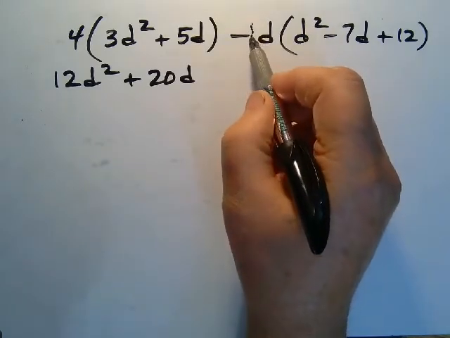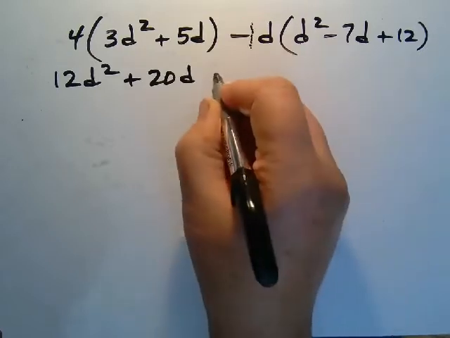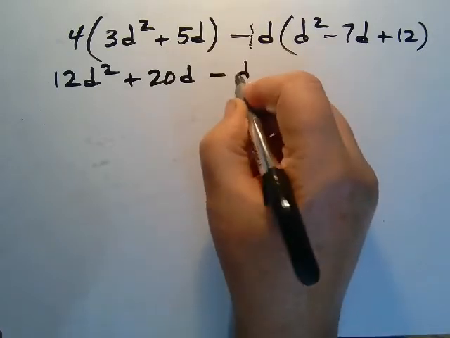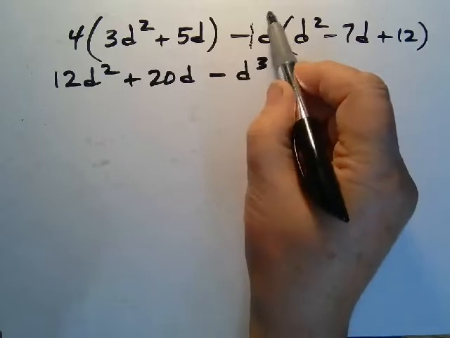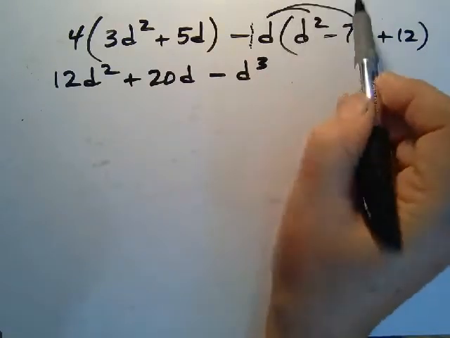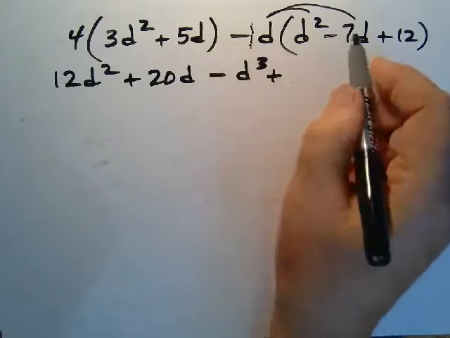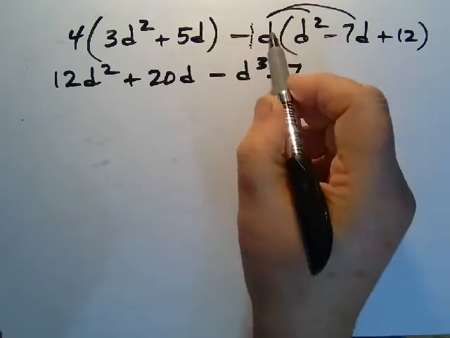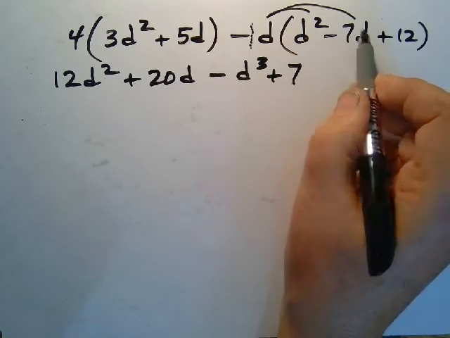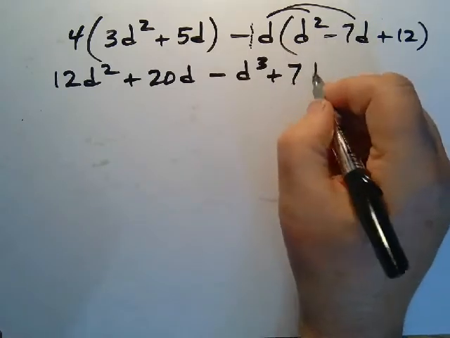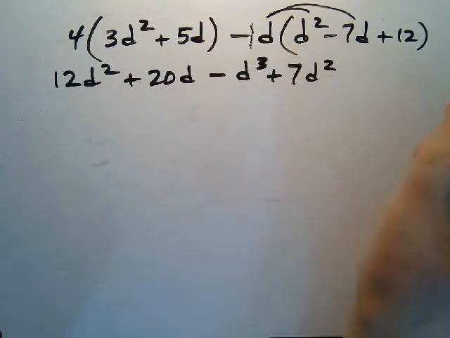This is really a negative 1 you don't see here. So this is a negative 1 d to the third. That's your first term. Next one, negative times negative will be positive. 1 times 7 is 7. And d to the first times d to the first, add the exponents. That would be d to the second.